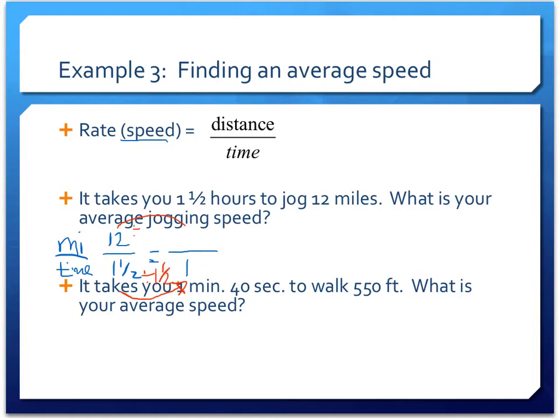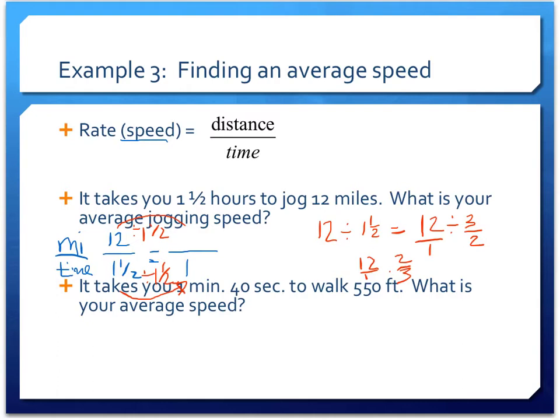So I just need to take 12 and divide it by 1.5. And so we've done that with our fractions. 12 divided by 1 1/2 is the same thing as saying 12 divided by 3/2. And again, remembering how to divide fractions, we multiply by the reciprocal. So that's going to be 12 over 1 times 2/3.